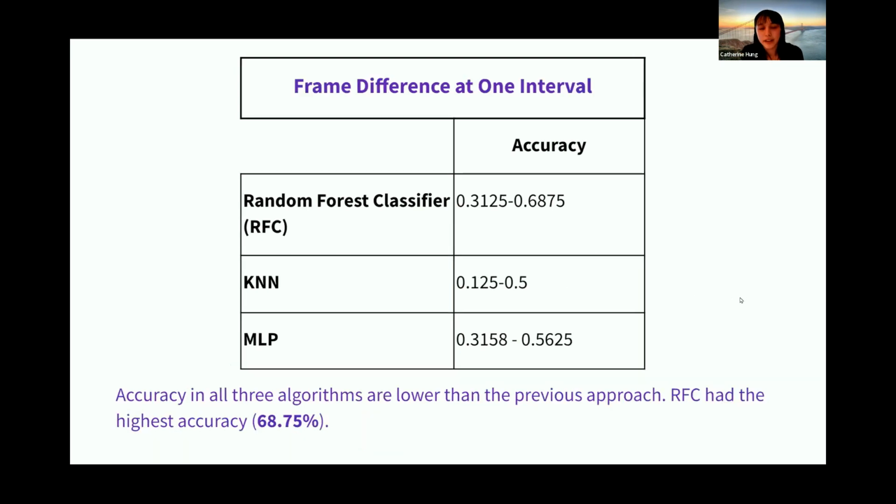For my second method, I found that with the frame difference at 1 interval, the accuracy results were lower than the previous approach. Random forest classifier did have the highest accuracy, but KNN, for example, dropped to an accuracy of 50%.